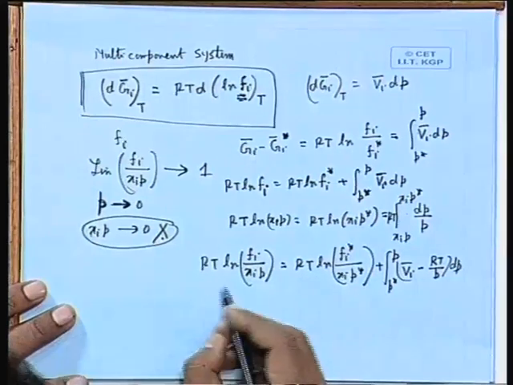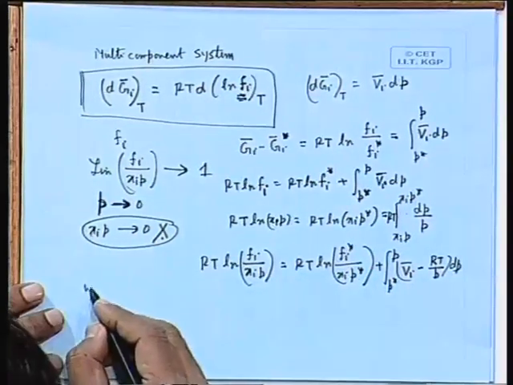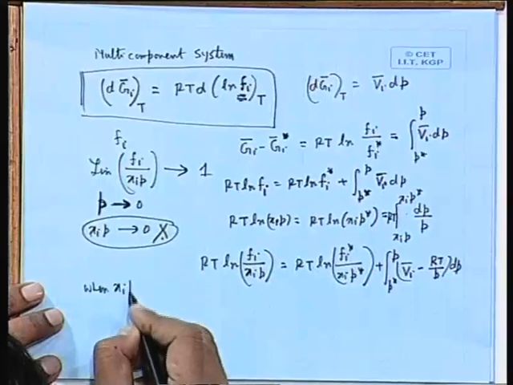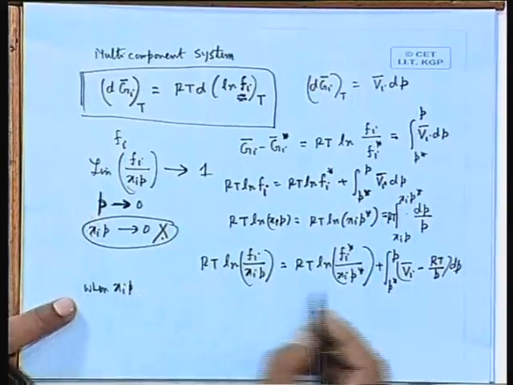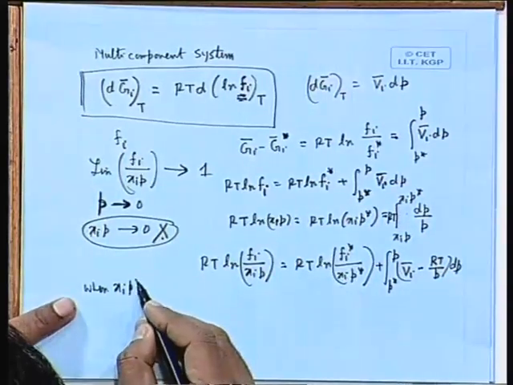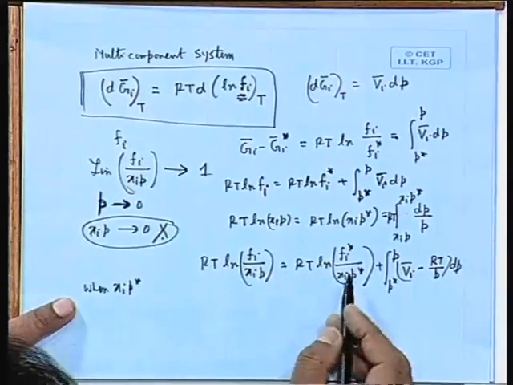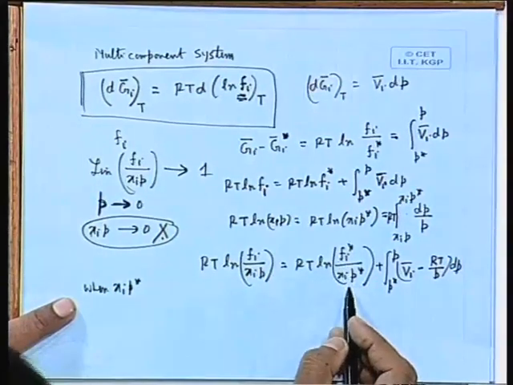Now here, when Xi P star is very small, then what happens? Then Fi star is Xi P star.